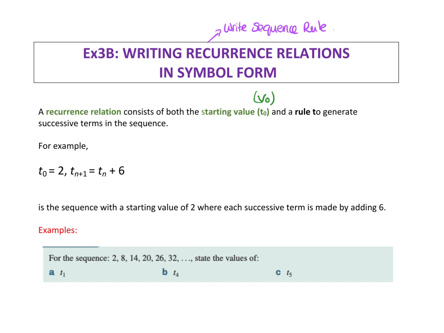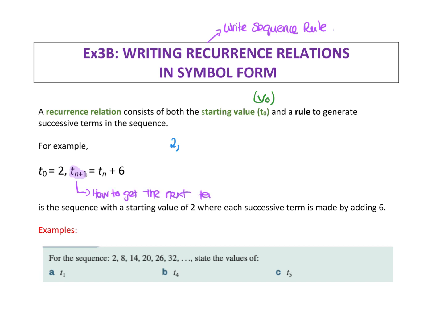So we've seen sequences. Say for example here, it says that t0 is 2. So if we were writing out the sequence, we'd have 2. And when they write out this recurrence relation, this expression here, where they have t and n plus 1, all that means is it's a way of saying how to get the next term, okay?